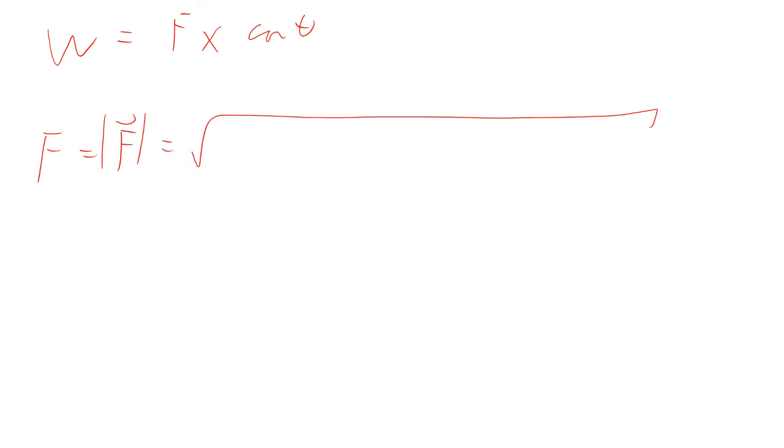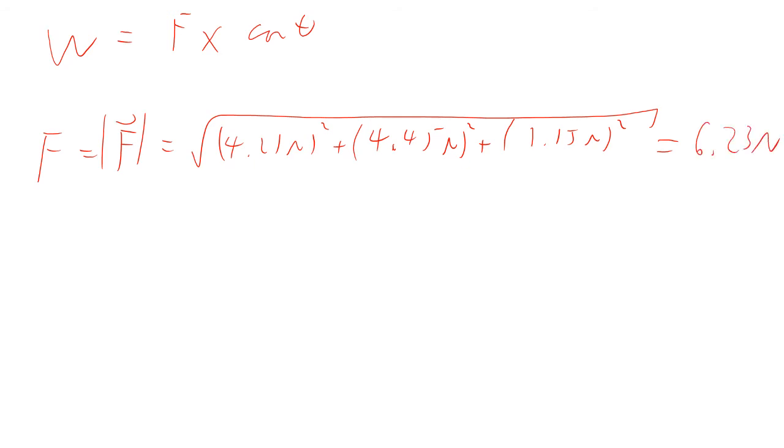So that would be the square root of 4.21 newtons squared plus 4.45 newtons squared plus 1.15 newtons squared. Basically, this is the Pythagorean theorem in 3 dimensions. So that comes out to be 6.23 newtons.